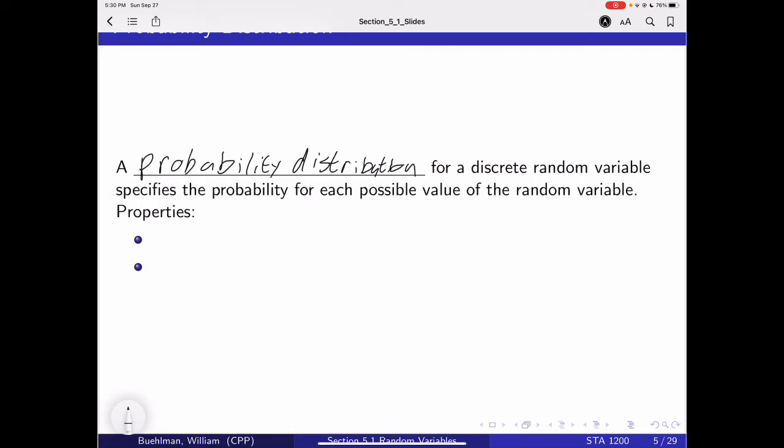for a discrete random variable specifies the probability for each possible value of the random variable. The properties of this include 0 is less than or equal to the probability of x, which is less than or equal to 1 for every possible x.